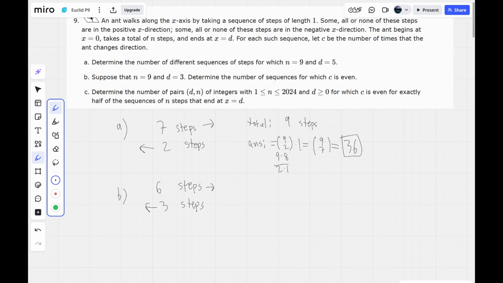Now just determining the number of sequences for a set C is hard, right? So instead of doing it the hard way, we can find an easier way. Notice that when C is even, the number of times the ant changes direction is even, that means the ant must have ended in the same direction that it started in.